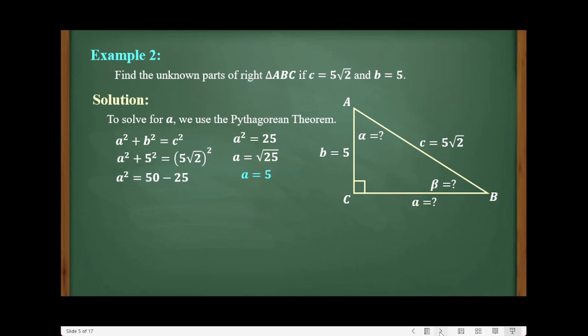Now let us go to the remaining unknown parts, particularly the measure of angle alpha. So we use this trigonometric function. Secant alpha is equal to c over b. And that will give you alpha equal to arc secant of c over b.